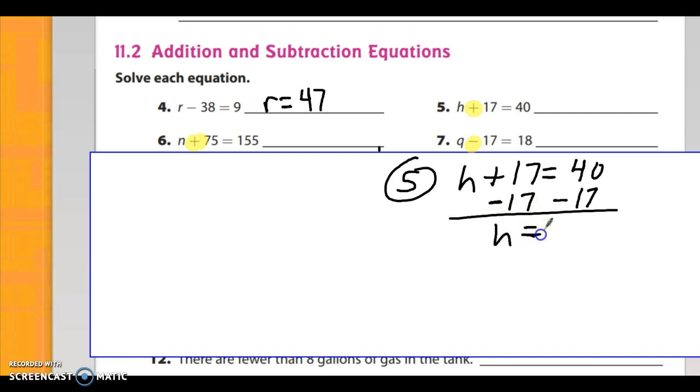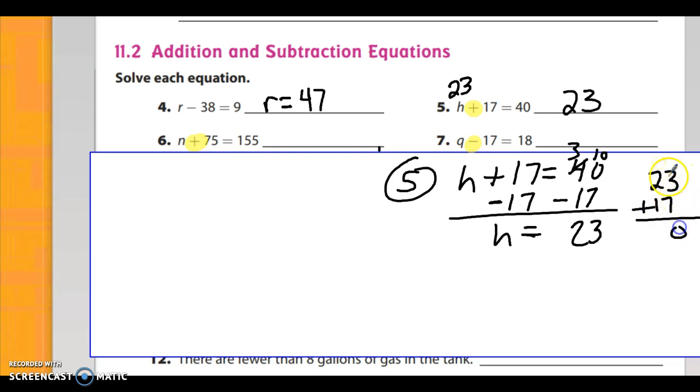H is going to be equal to, I borrow here and make this 10. 10 minus 7 is 3, and 3 minus 1 is 2. I get 23. That should make perfect sense, because if I took 23 out right here, 23 plus 17 would be 40. We can prove that. It may not look like 40, but it is. 3 plus 7 is 10. And 1 plus 2 plus 1 is 4. It's 40. That's what it's supposed to be.